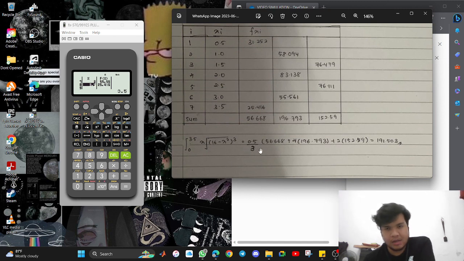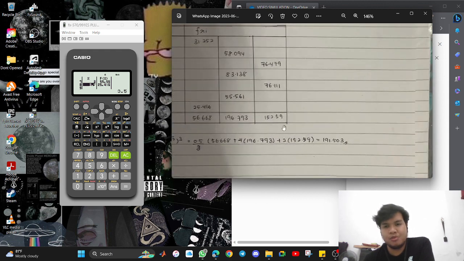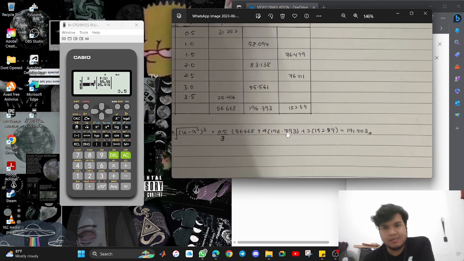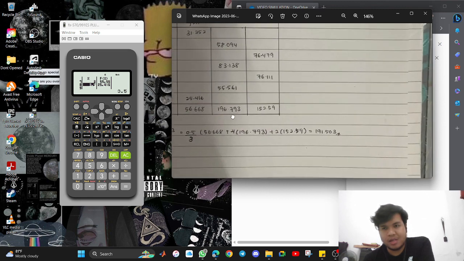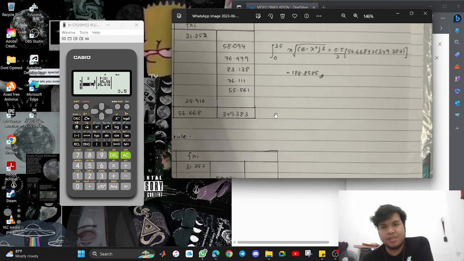So this is the three. So and then the first sum, the second plus 4 multiply by the second sum, and then plus 2 multiply for the last or the third one. So I got 191.503.